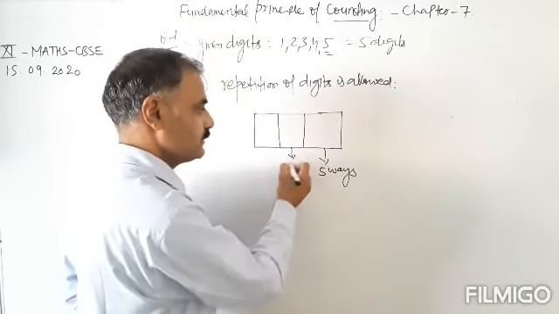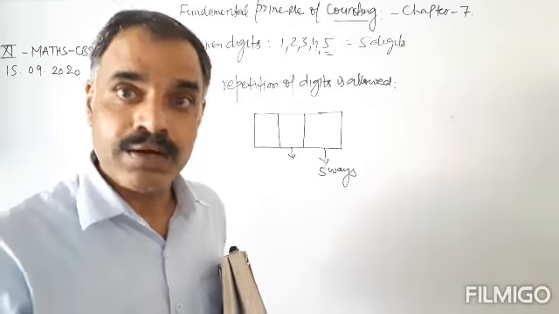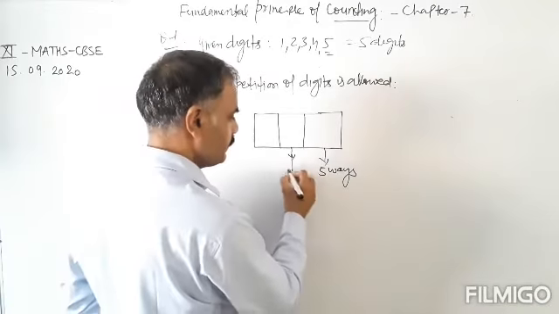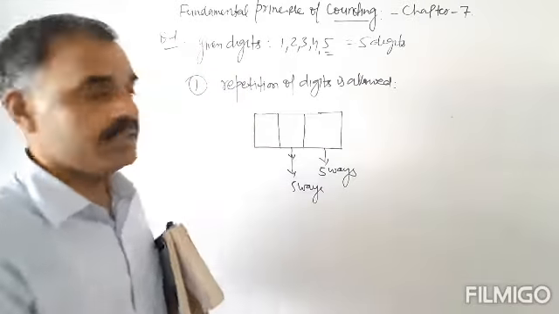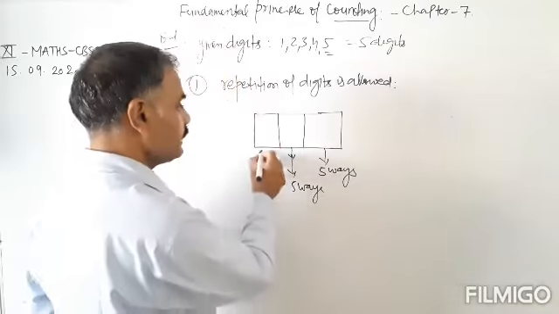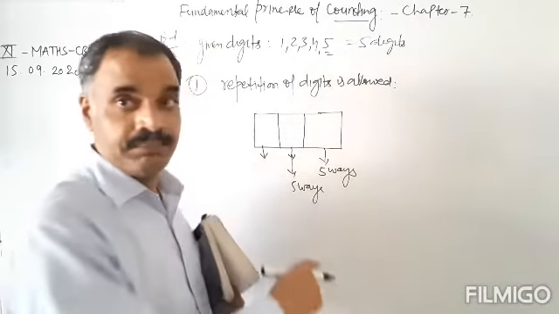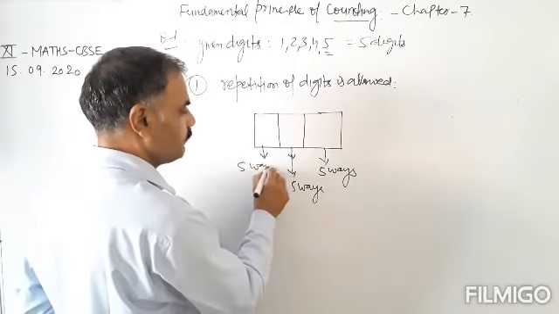Now the tens place can also be filled in 5 ways. Why 5 ways? Because repetition of digits is allowed. And the hundreds place can also be filled in 5 ways.